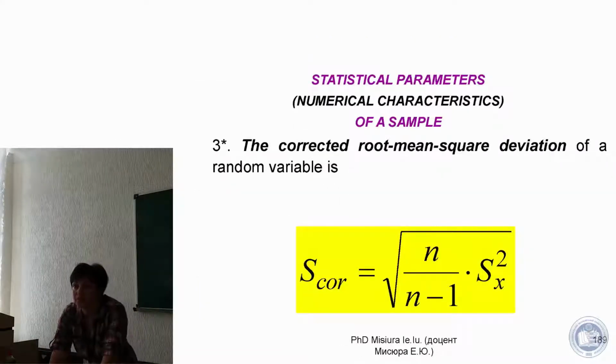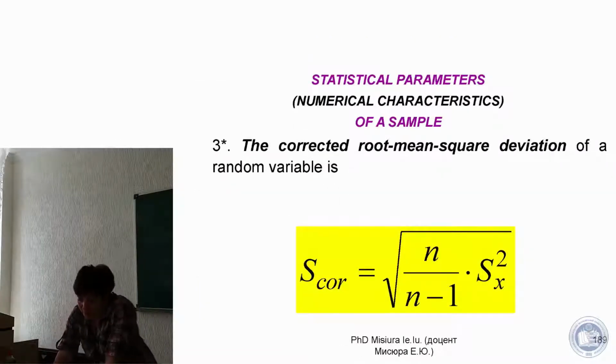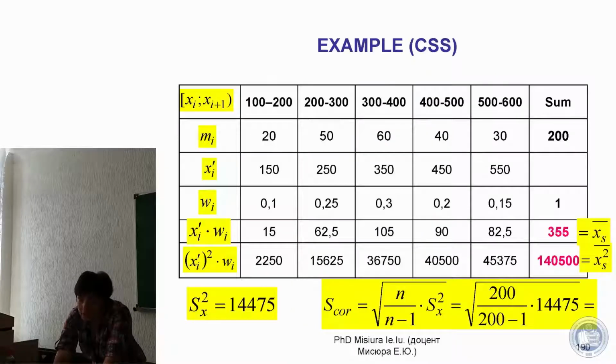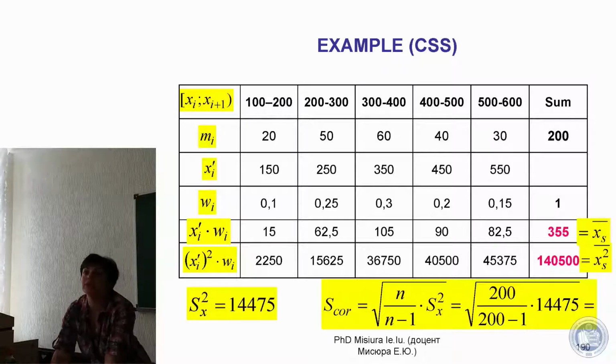As corrected can be calculated like the previous example for discrete statistical series. It's root of n divided by n minus 1 times variance. Okay, if you know this formula, let's substitute. Students, what is n? Let's look at this table and call total number of elements. 200.